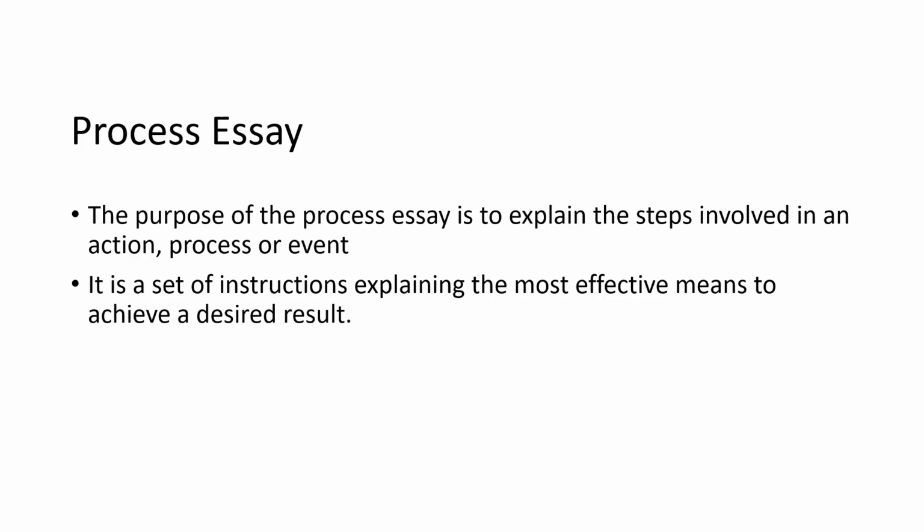When you use the process pattern of development or the process pattern of organization, you will be aided in writing a process essay. The purpose of a process essay is to explain the steps involved in an action, process, event, or procedure. It is a set of instructions explaining the most effective means to achieve a desired result.